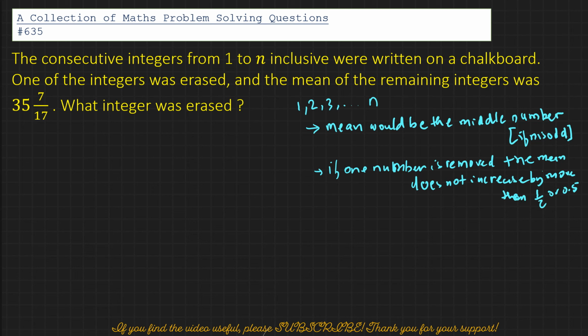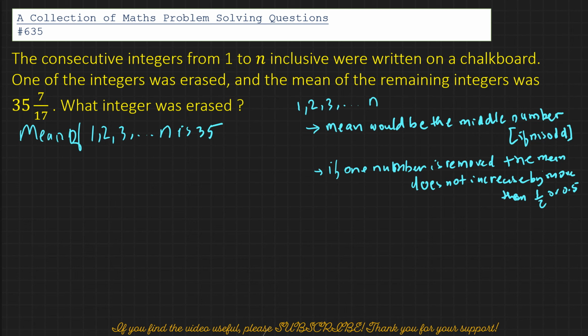So that's the other thing. Therefore, we can safely assume that the mean of 1, 2, 3 and so on up to n is 35.